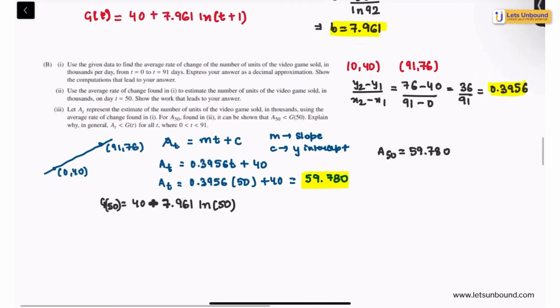So the answer that we got for G(50) from our calculators was 71.143. So this clearly shows that A(50) is definitely less than G of 50.